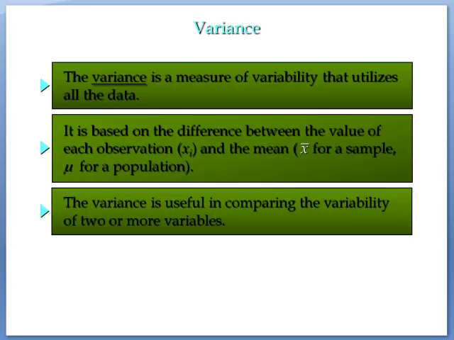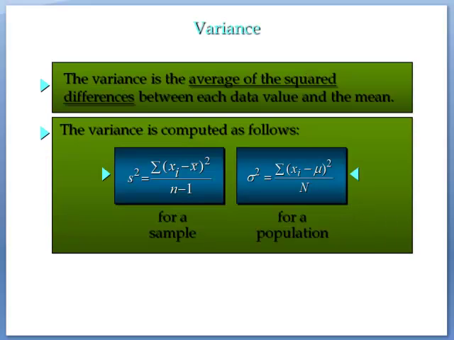Hence, if we subtract the mean from the actual data point, the difference will be positive in the case of some, negative in the case of the others. But we don't really care about the sign, we only care about the magnitude. Hence, what we do is we square those differences, then take their average, and it's computed as follows.